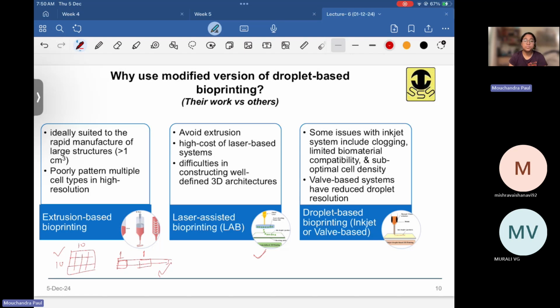So the laser-based bioprinting, I briefly discussed it during our introduction. Here we use laser pulse to deposit droplets of bioink. How it is done: there is a layer of bioink, and on top of it there is an absorbing layer.